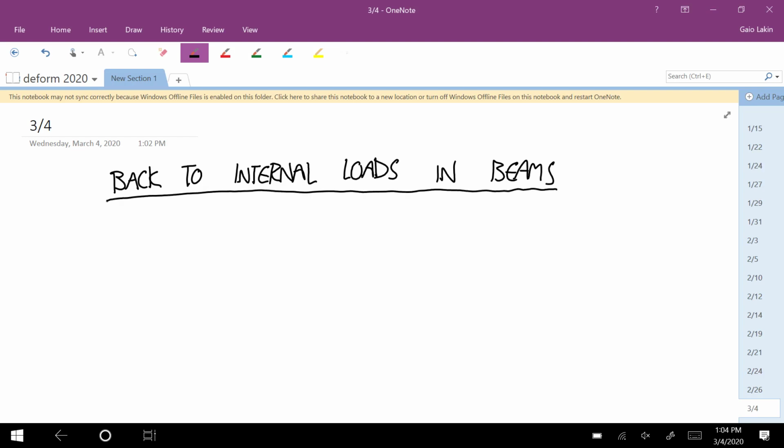And the example that we did was you have a beam with a pin joint here. This way, there's a roller at the midpoint.